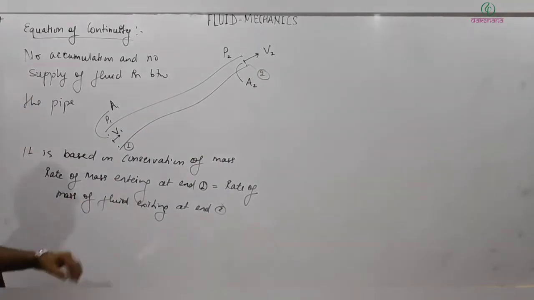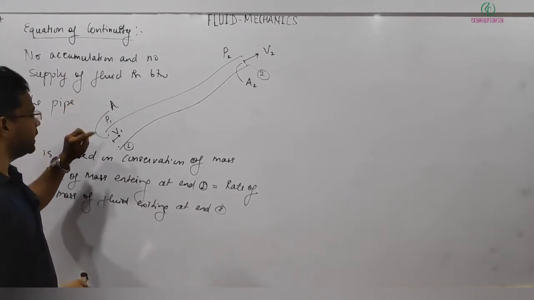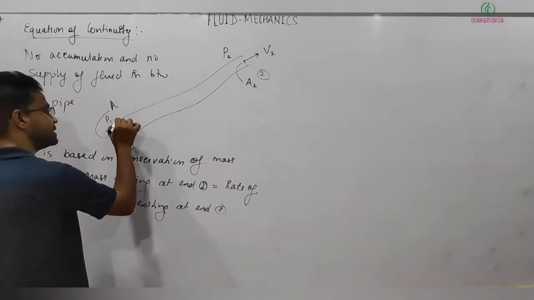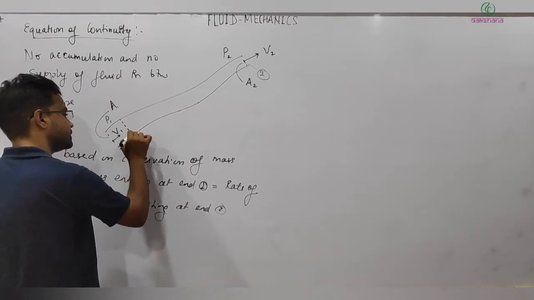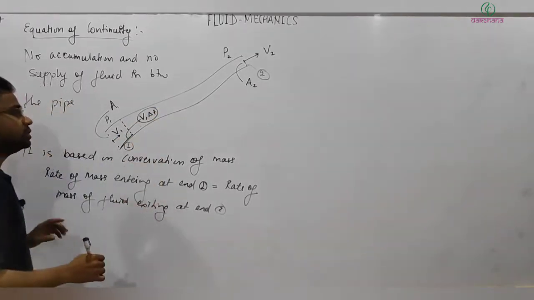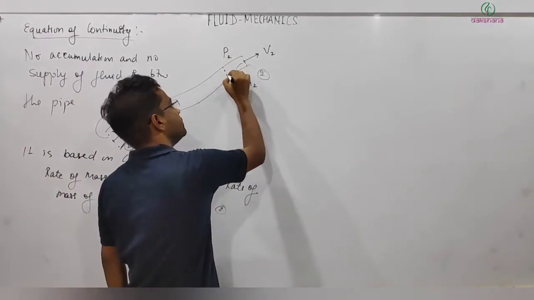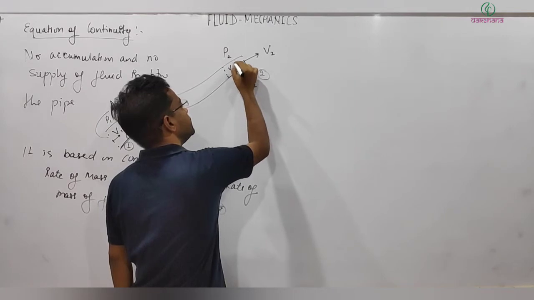Let's say the area is A, and in delta t time the fluid has traveled up to here, so the distance is v1 into delta t. Exactly in the same time, fluid from here will travel up to here, which is v2 into delta t.